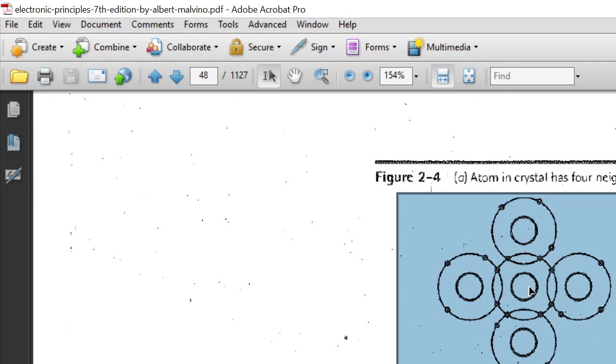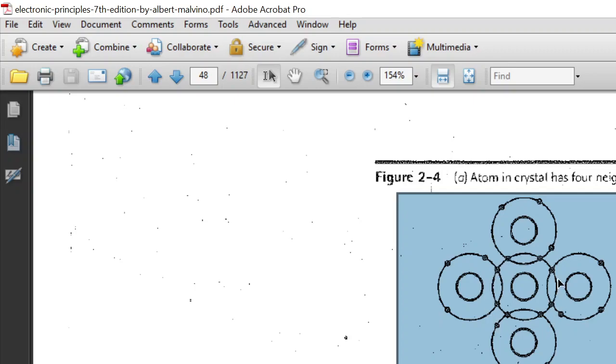Now there are neighborhood silicon atoms to this particular atom. Each of these neighborhood silicon atoms will donate one of its electrons to this central atom, so that the central atom will now have 8 valence electrons in its outermost shell.